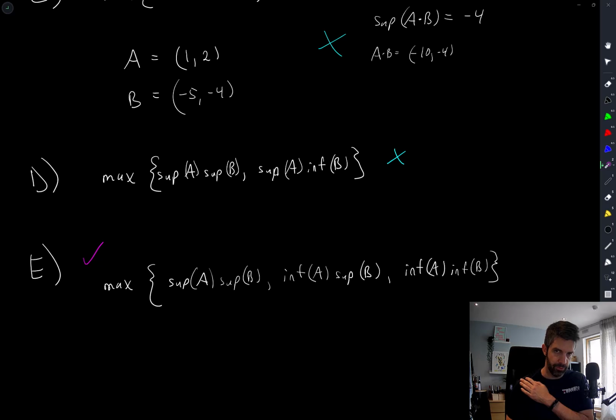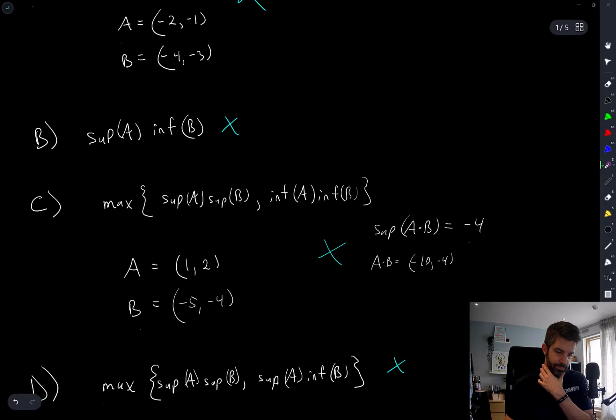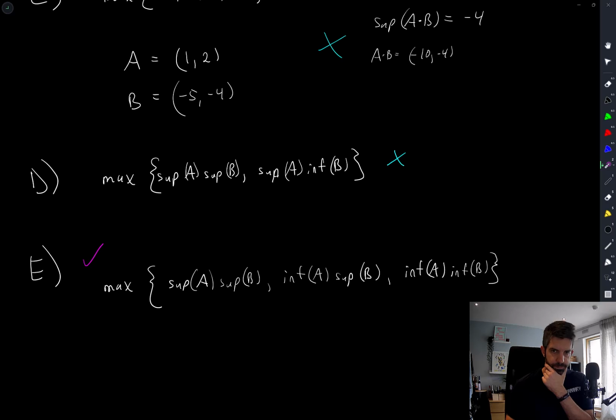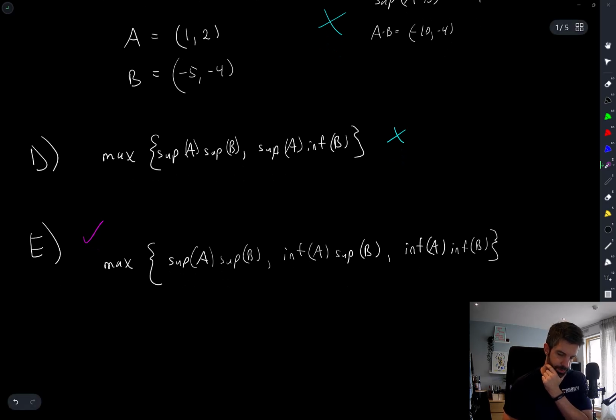Of course, it's missing sup A inf B, but there should be a reason why we can throw out supremum A times infimum B.